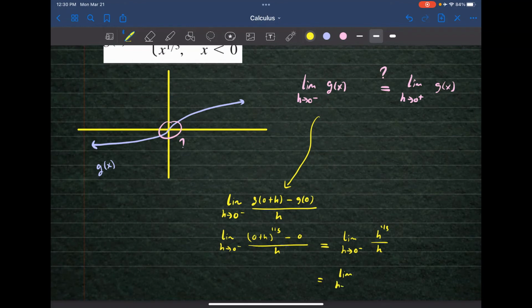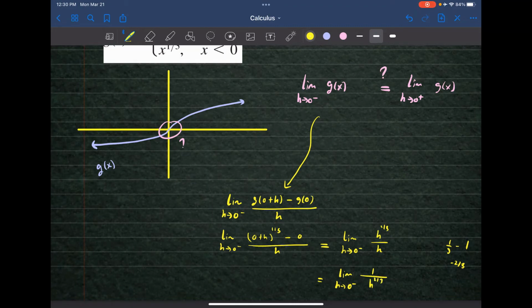And then we simplify, so we subtract their exponents by using laws of exponents. This is the limit as h approaches 0 from the left. So you're doing 1/3 minus 1, so that's going to be negative 2/3, or simply 1 over h to the power 2/3.